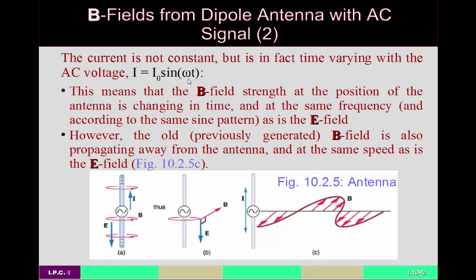And it's doing this at the same frequency at which the current is varying, which in turn is the same frequency at which the voltage is varying, which in turn is the same frequency at which the E field is varying. So that means that the B field and the E field vary with the same frequency. The wave will have the same wavelength for both of them, and they propagate at the same speed.